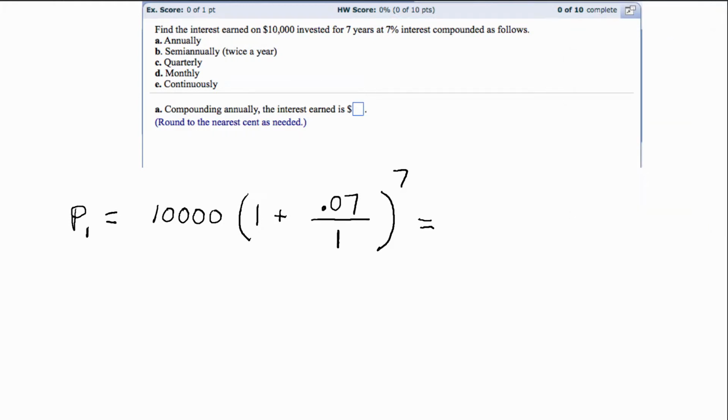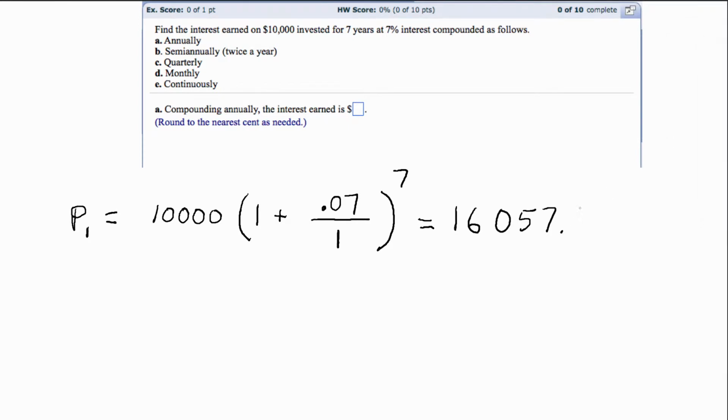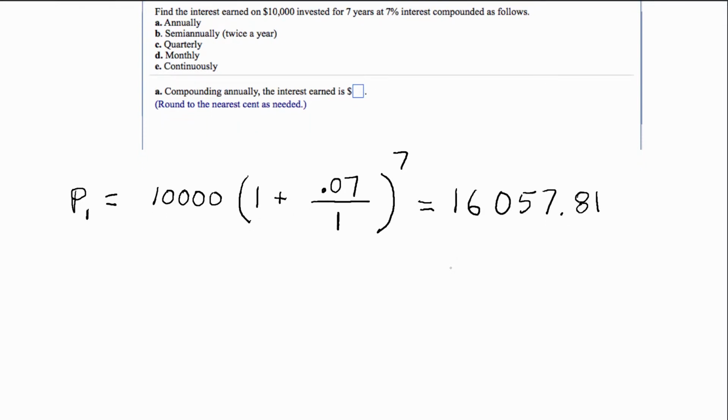Okay, that becomes $16,057.81. So that's what the principal would be worth if you compounded it annually. So for semi-annually, or twice a year, I'll call that P2.